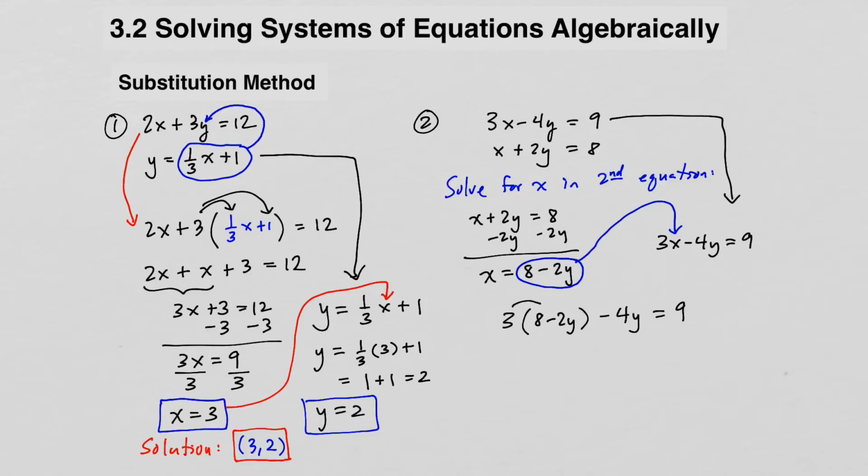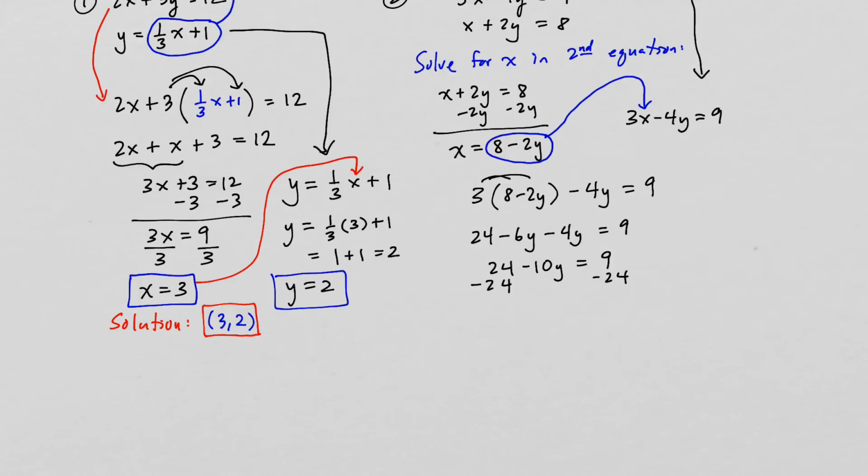So if we multiply this out, we get 24 minus 6y minus 4y equals 9. And this is 24 minus 10y is equal to 9. And if we subtract 24 from both sides, we end up getting negative 10y is equal to 9 take away 24 is negative 15.